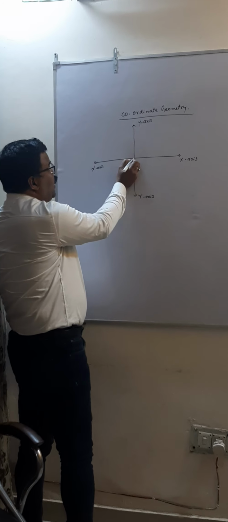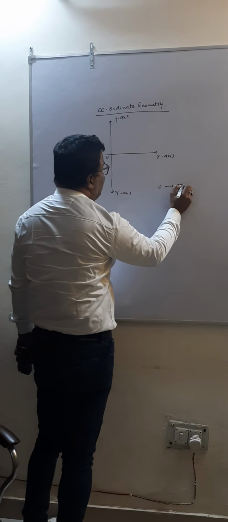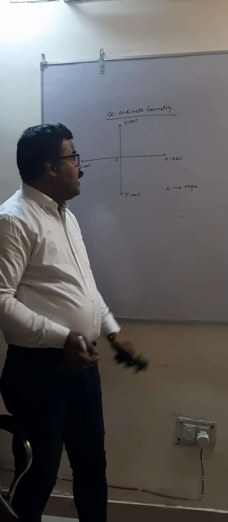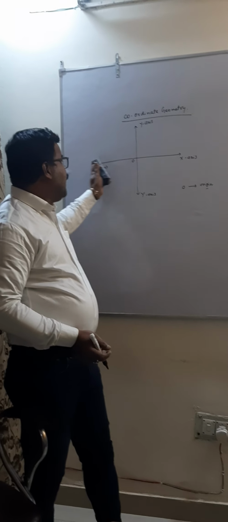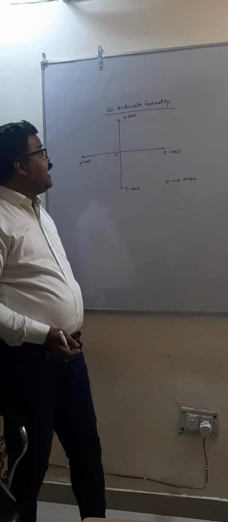This one is the origin. O is basically called the origin. Is that clear? The intersecting point is called the origin. So what basically does coordinates mean?